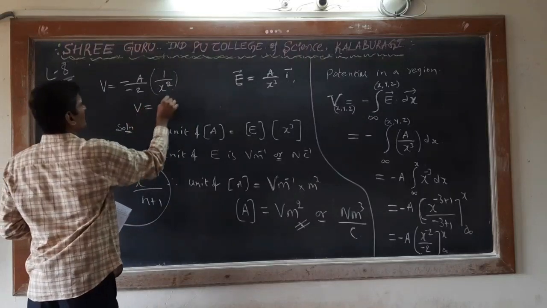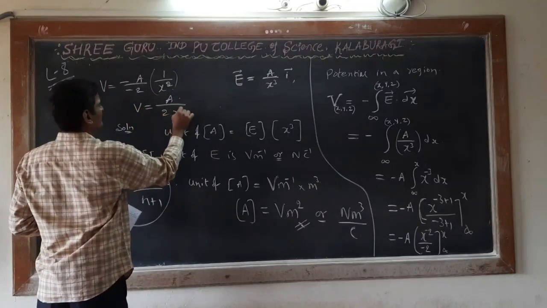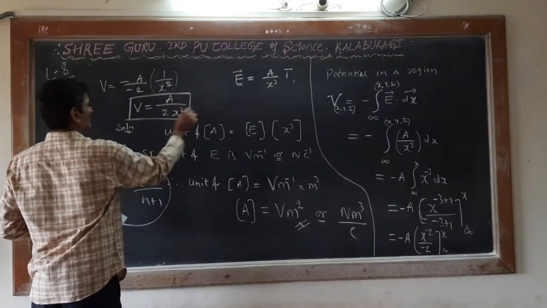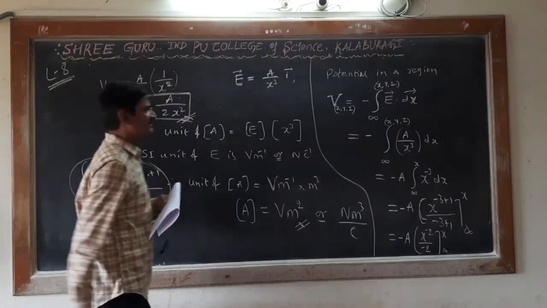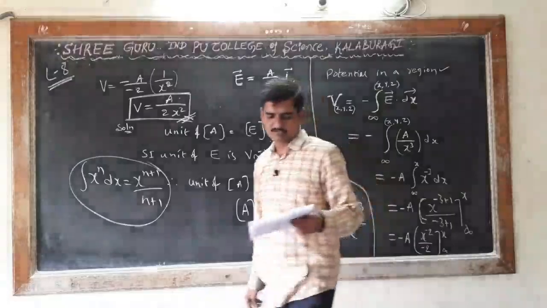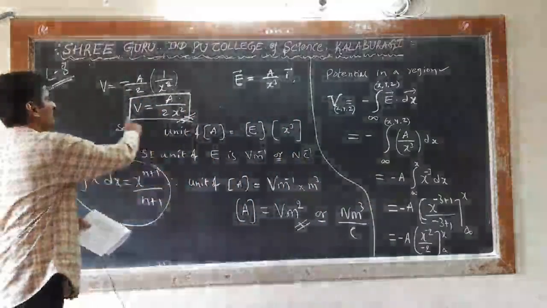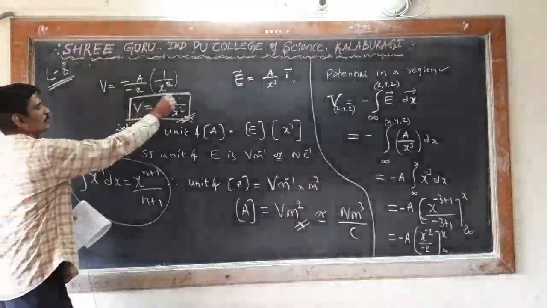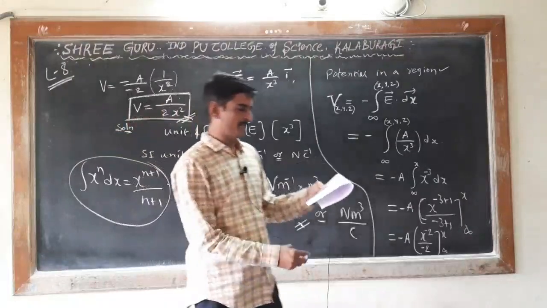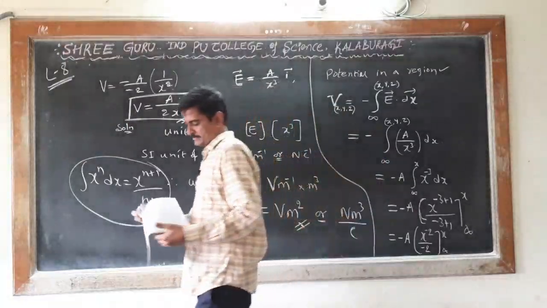Therefore V is equal to A divided by 2x square. This is the expression for potential in that region. Understood the question? Simple. Okay. Next question.